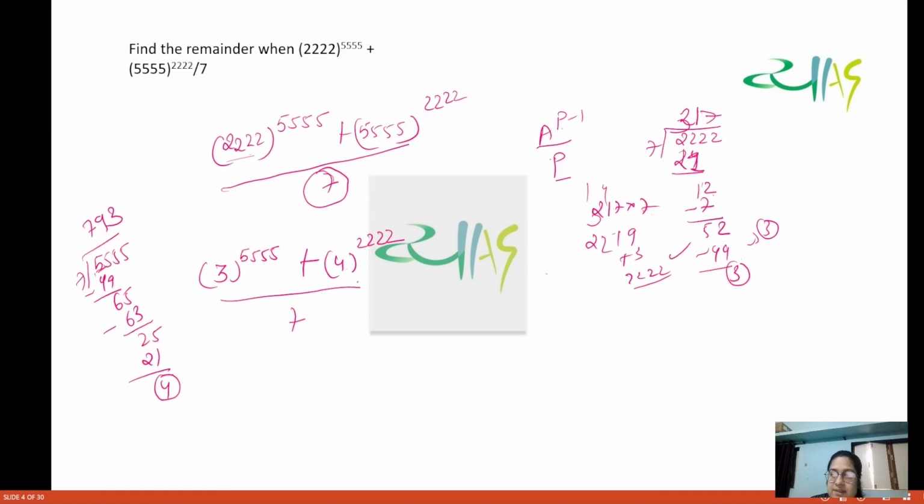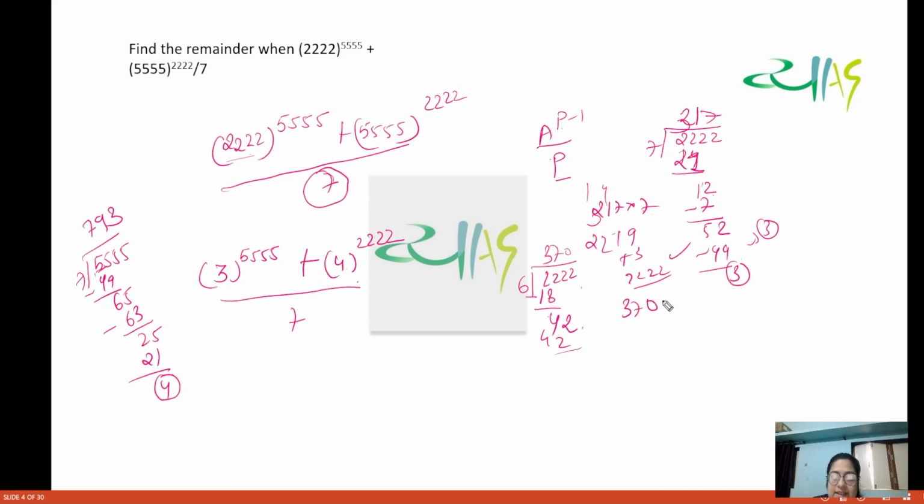So let us divide 2222 by 6. What are you going to get here? 6 threes are 18, then you will have 4 as a remainder, then you have 42. Now 6 sevens are 42, then you have 2 and 370.